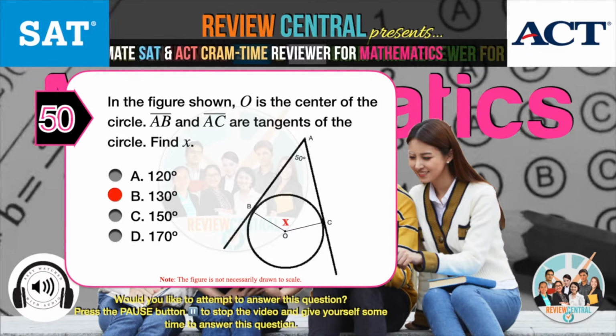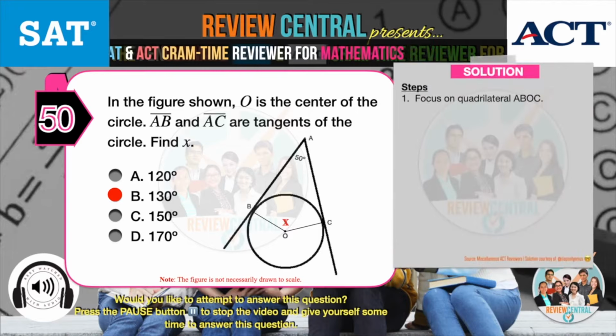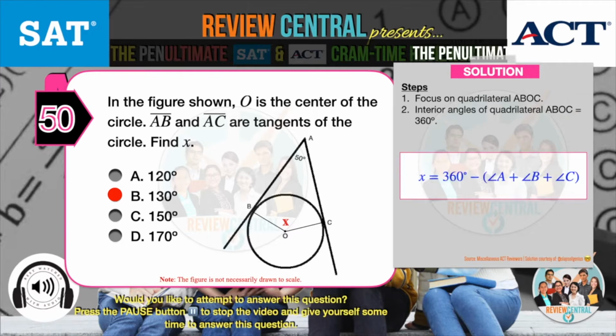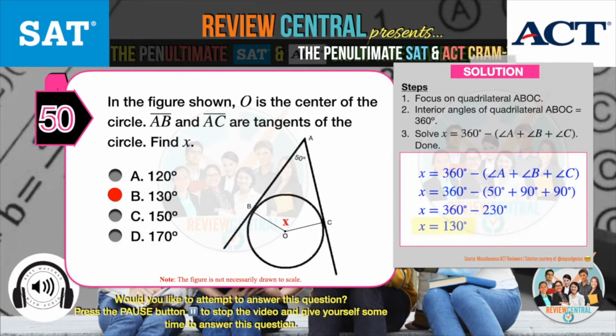130 degrees. Let's focus our attention to the kite, or quadrilateral ABOC, formed by the 2 tangent lines from A, and the 2 radii from the center of the circle. By definition, the interior angles of any 4-sided polygon should equal 360 degrees. From the figure, angle A is given as 50 degrees.